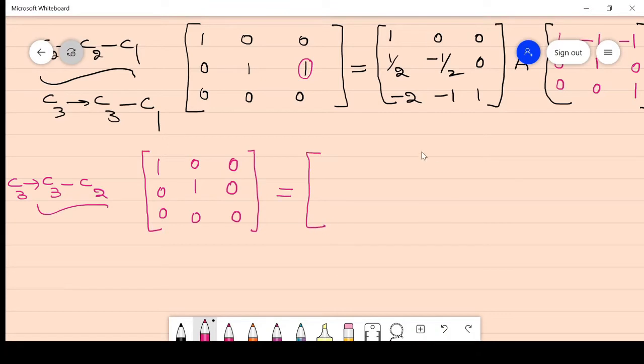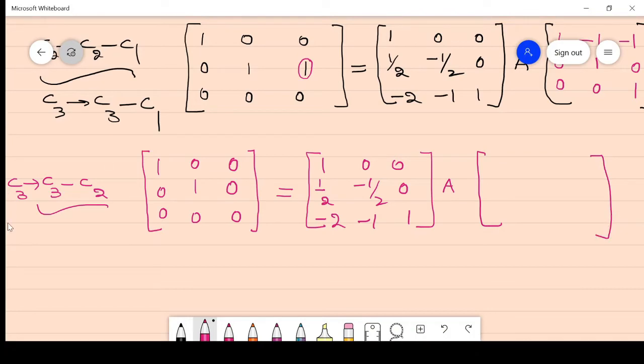So there is no effect on this matrix. So this is 1 0 0, 1 by 2, minus 1 by 2 and 0, minus 2, minus 1 and 1. This is A, and here it will affect C3 minus C2.